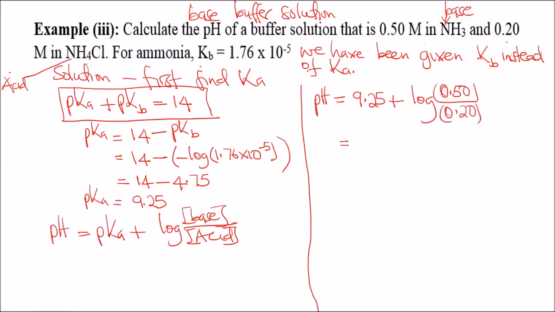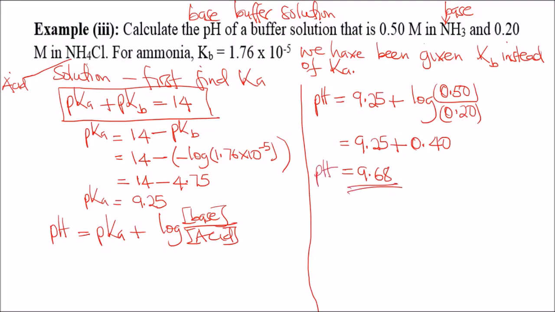Now I have 9.25 plus 0.40, which is 9.68. So the pH of a buffer solution that is 0.50 molar in ammonia and 0.20 molar in ammonium chloride is 9.68. So you can see that this buffer solution is actually at a basic pH.